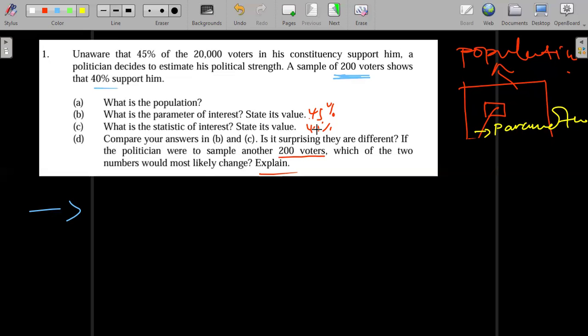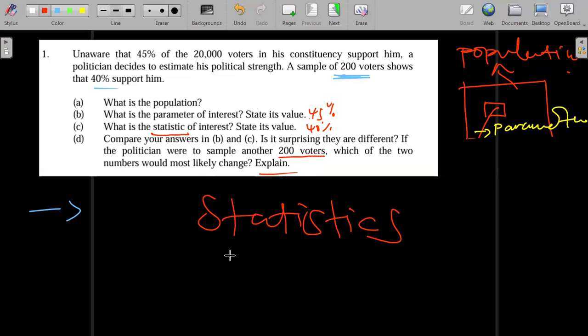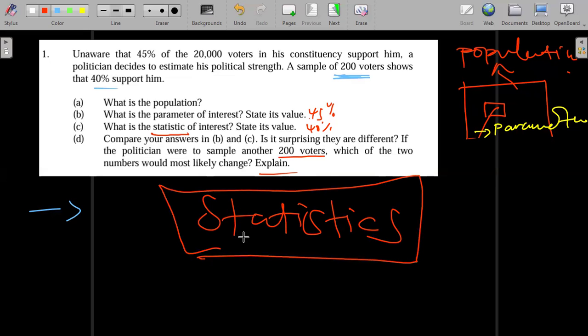Oh, okay. So that's what I was saying. There is actually a confusion between this statistic and statistics. Statistics, when there's an s at the end, refers to a field of study, or you can say the science of collecting the data, analyzing it, and then making informed decisions about it.